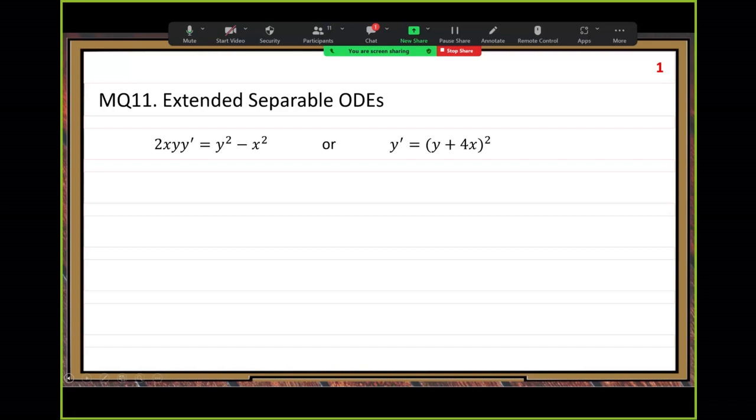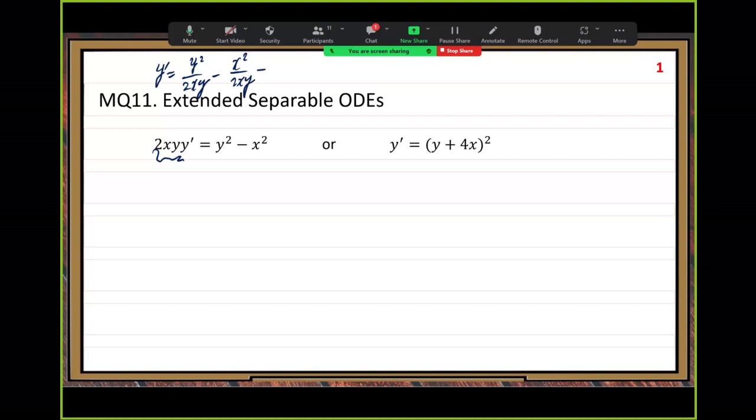The first one, you need to first take division. Try to write a standard form for the first order ODE. So you divide both sides by 2xy, and you get y prime equals y squared over 2xy minus x squared over 2xy.